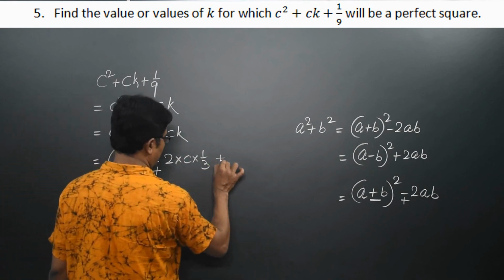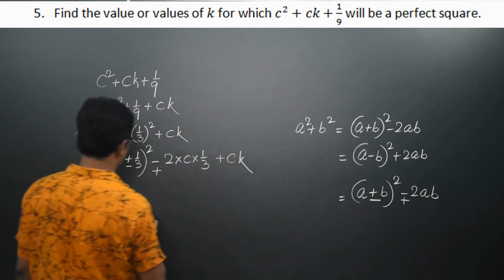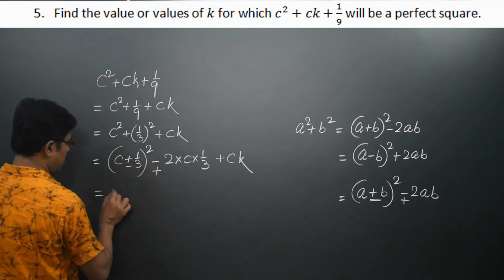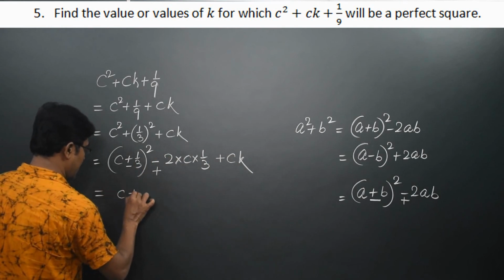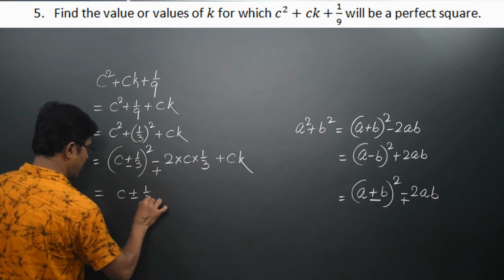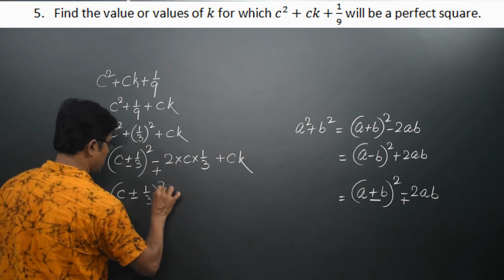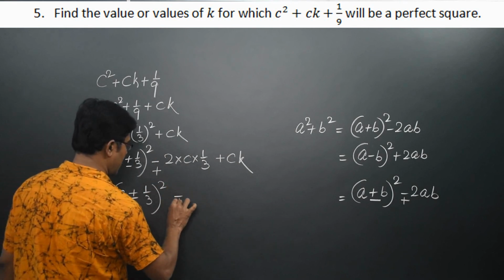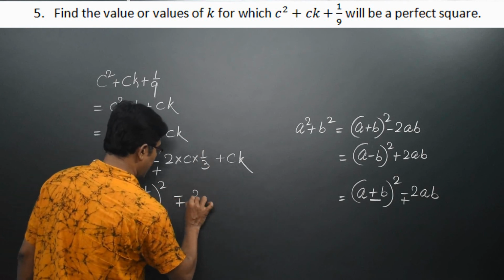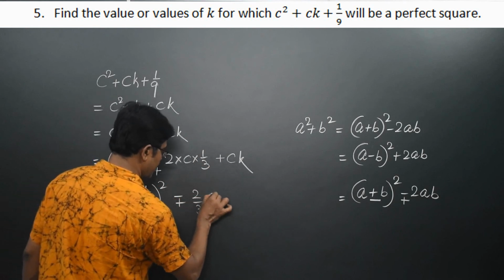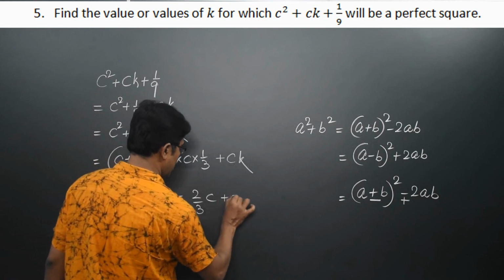The ck remains. This is equal to c plus minus 1 by 3 whole square minus plus 2 by 3 c plus ck.